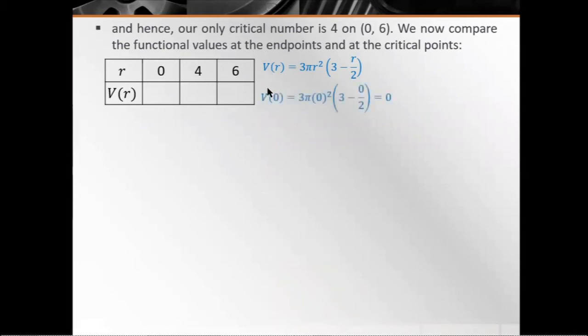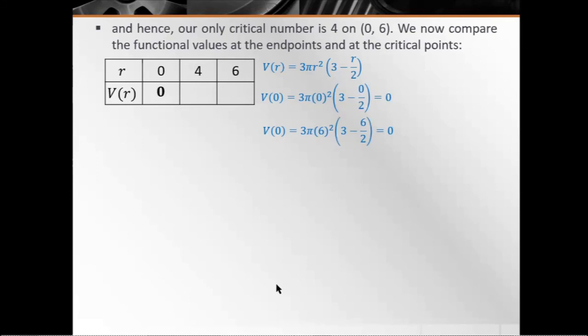So V of 0: 3 pi times 0 squared, quantity 3 minus 0 over 2, and the result is 0. So magiging 0 ngayon yung ating first column. Dito muna sa isa pang yung sa closed interval, 6.